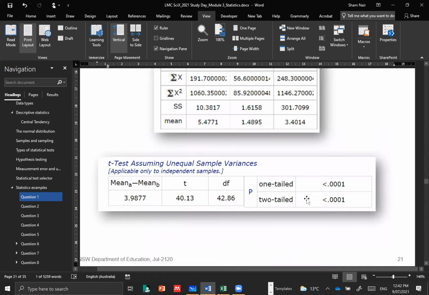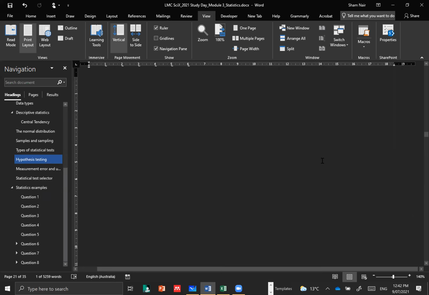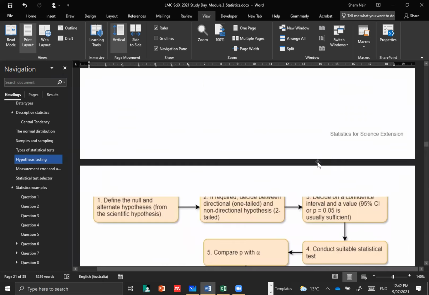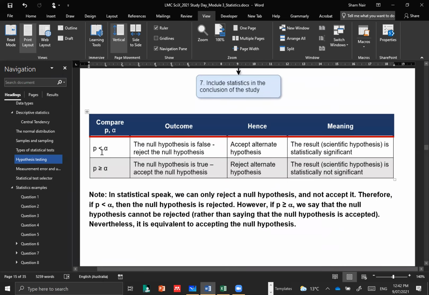Remember that table that I showed you earlier, which is hypothesis testing. Come back down here. So P is less than alpha, you reject the null hypothesis. Right down here, the scientific hypothesis is statistically significant.